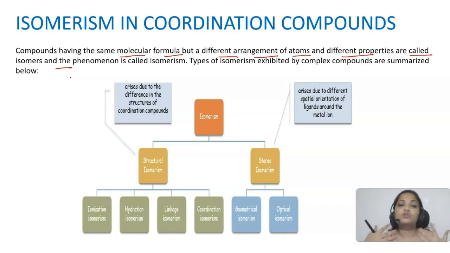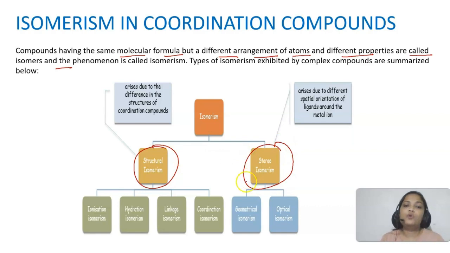There are two types of isomerism that can be seen in coordination compounds. Generally also we have two types of isomerism. First is structural isomerism and second is stereoisomerism. You know that structural isomerism arises due to the difference in structure of the coordination compound: the formula would be the same but the structure would be different.